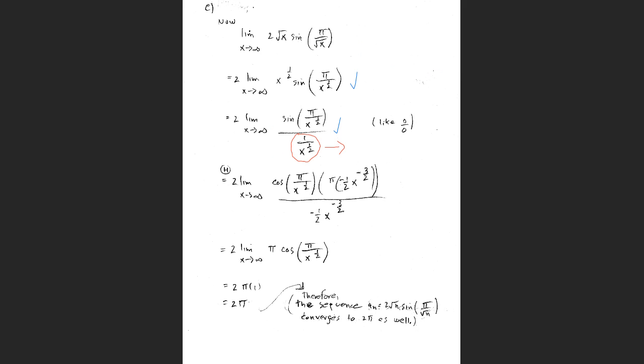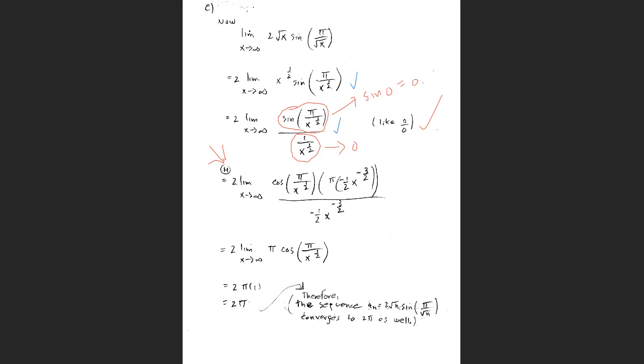It goes to 0. That's right. Square root of x gets large with x, so 1 over square root of x will go to 0. And the sine of pi over x to the half is going to approach the sine of 0, which is 0. So you get this indeterminate form, and therefore you can use L'Hopital's rule.